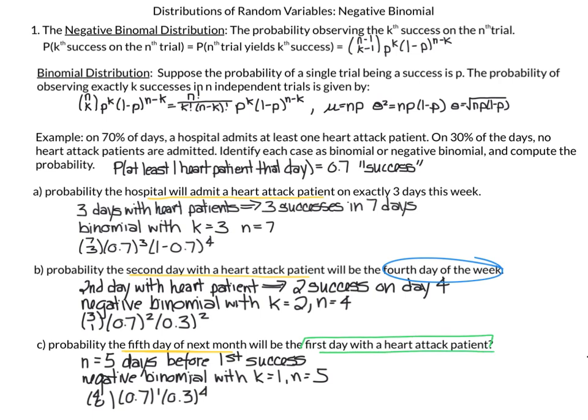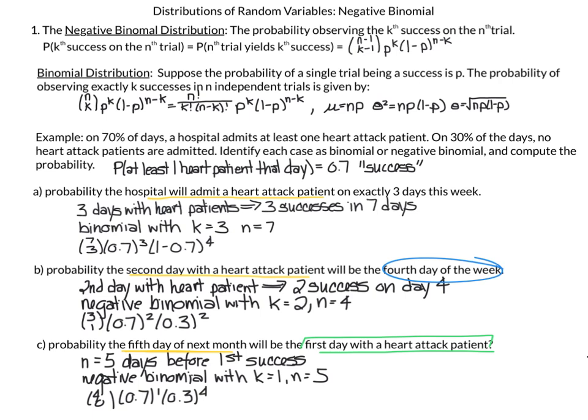And we're saying, will that be the 5th day? So the number of trials until we get to the first day with a heart attack patient, is the number of trials going to be 5? So that's n equals 5 days before the first success.